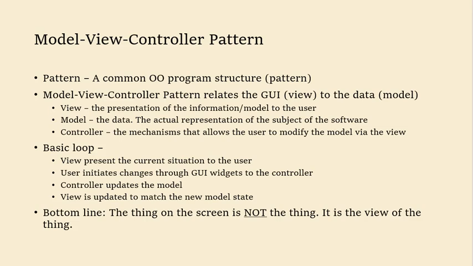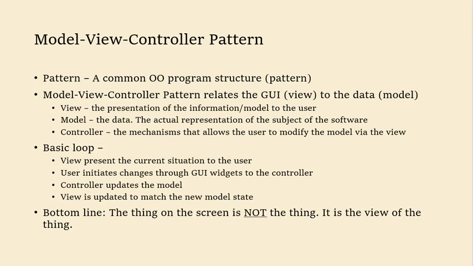And these two things need to talk to each other. And the way that they talk to each other is through the controller. So the GUI typically has some kind of a widget in it that will allow the user to have some interaction with the program. And when the user clicks a button or fills in a text field or does a key press or a mouse click, that's a GUI interaction, but what it does is it fires off the controller.